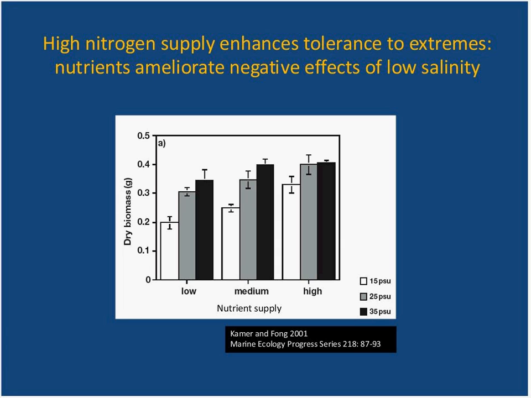If you look at the high nutrient treatment here, you see that salinity, which are the three bars, the white, gray, and black, has very little effect on the high nitrogen treatments. But if you look at the low nitrogen treatment, that low salinity, that 15 PSU, 15 parts per thousand, really reduces the ability of this alga to grow. Give it enough nutrients, and it can grow regardless of the low salinity.